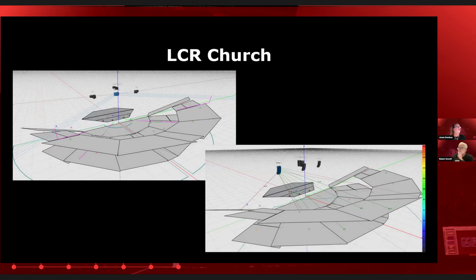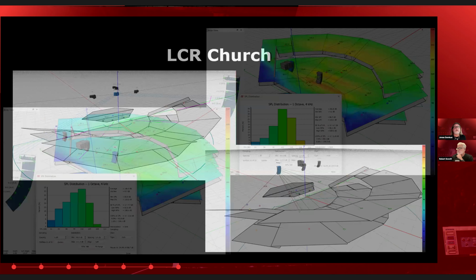So this is an interesting example. We've got the church. It's a similar one that we saw earlier. So we've got an LCR system that we're covering the seats with, and then we're trying to do the same thing with a traditional array. This is a variation of 110 and 80-degree cabinets here to try to cover this area as best we can with an LCR system. Here's some examples of coverage.